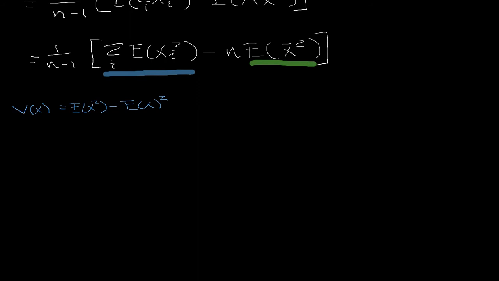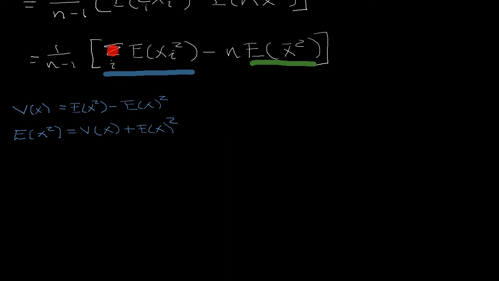So if we solve for the expected value of x squared, we're going to have the following expression. Right? We're just going to take this term and move it to the other side. And this is what we're going to have.